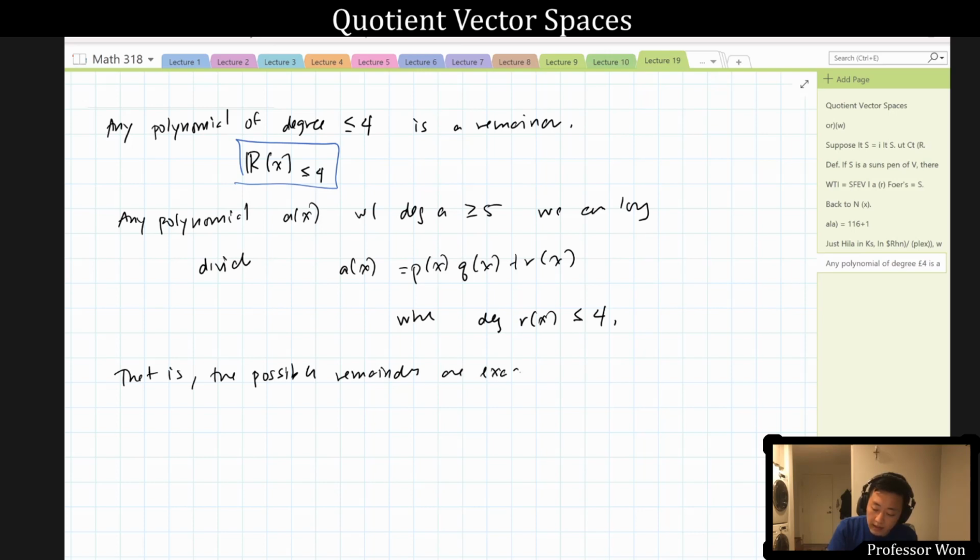The possible remainders are exactly this vector space, which means there's a 5-dimensional space of remainders. The space of remainders is a vector space of dimension 5.